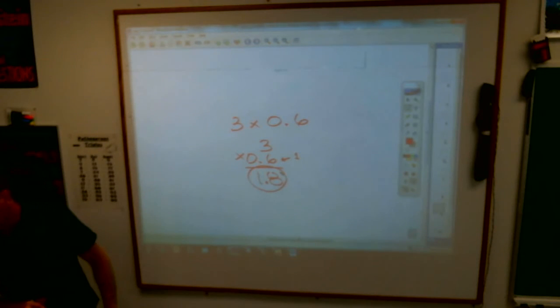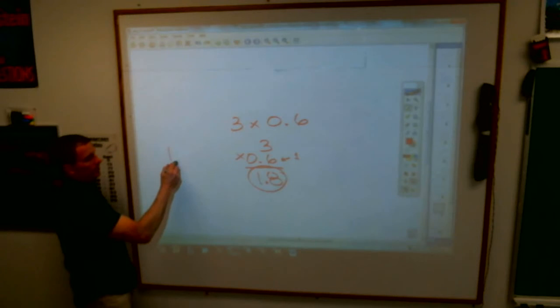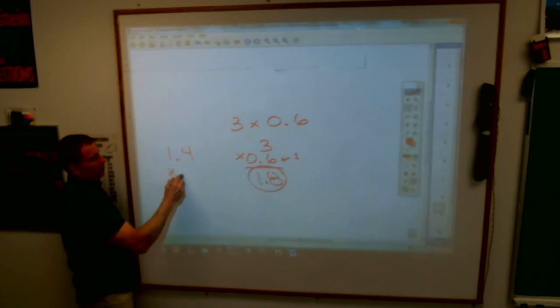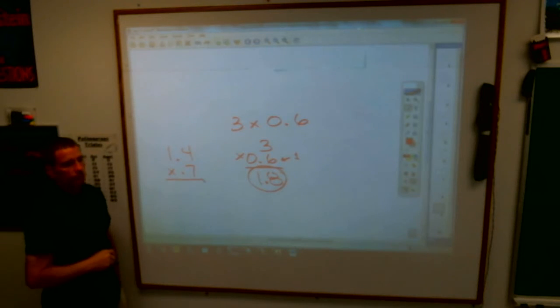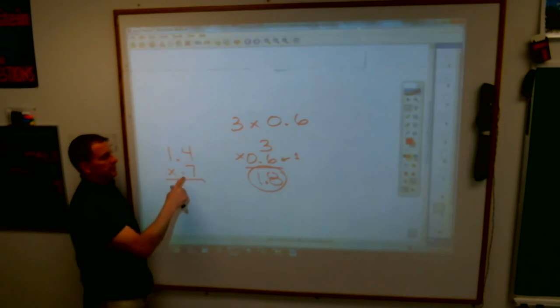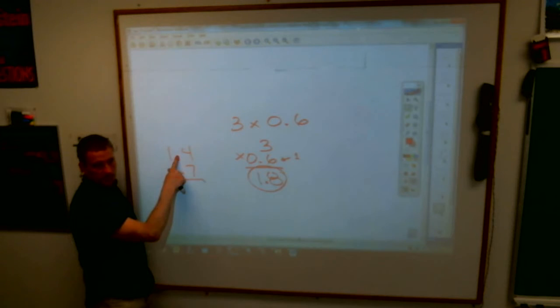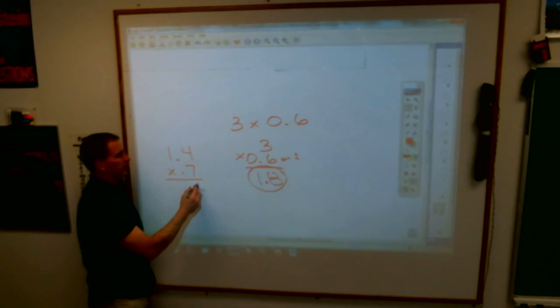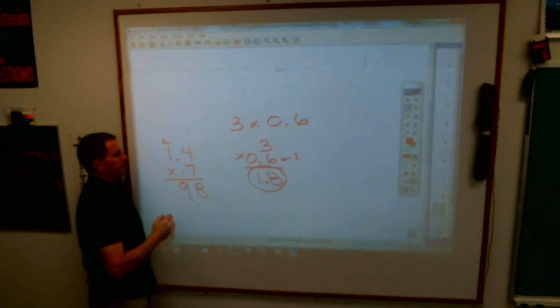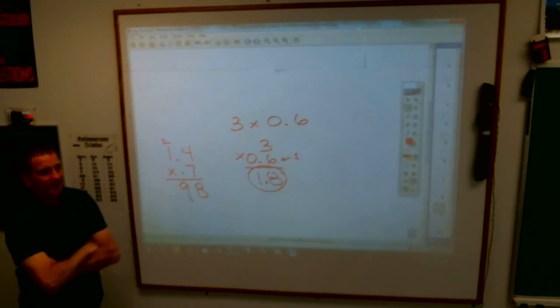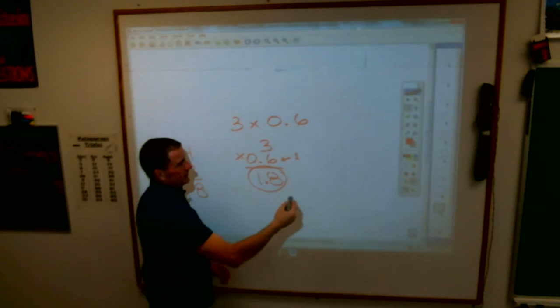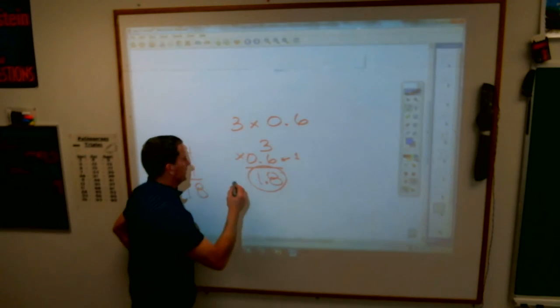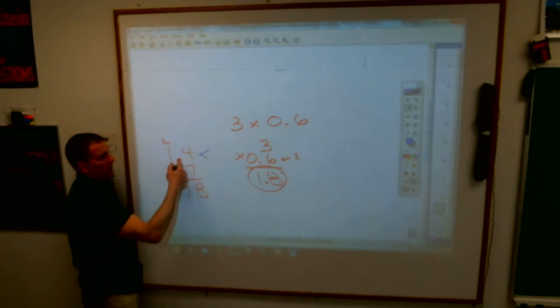Okay, here's a good case in point. What is 1.4 times 0.7? You multiply like there's no decimals. 7 times 4 is 28. Carry the 2, 7 times 1 is 7 plus 2, 98. Where is my decimal going to go in my answer? To figure it out, I need to count decimal places. How many digits are right here? 1.